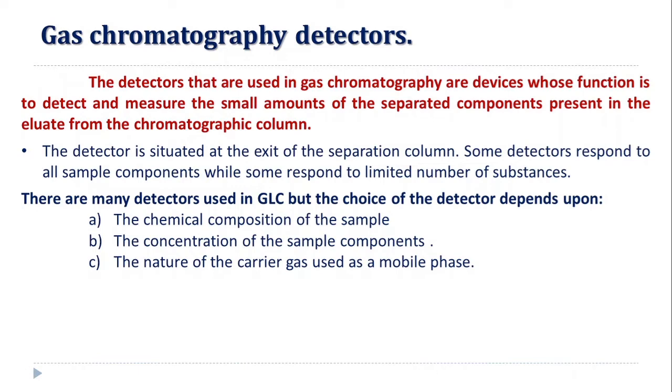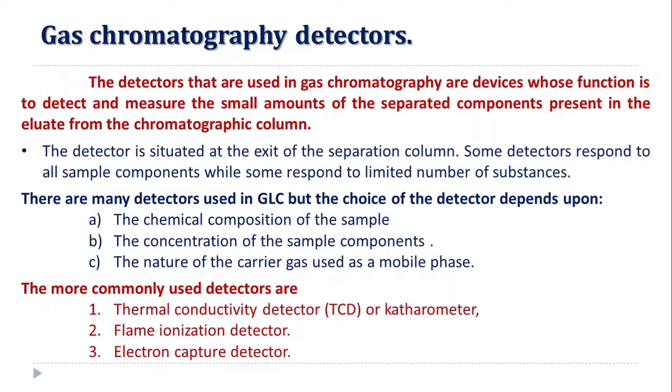So the choice of detector depends upon three factors: the chemical composition of the sample, that is, which components are present in the sample, and according to that we should use a detector; then the concentration of the sample components; as well as the nature of the carrier gas used as the mobile phase in gas chromatography.